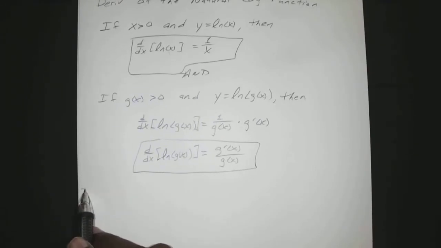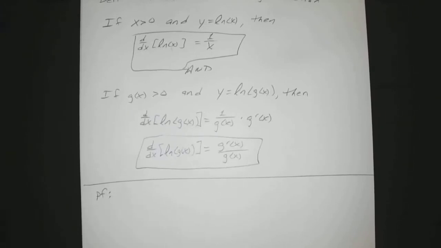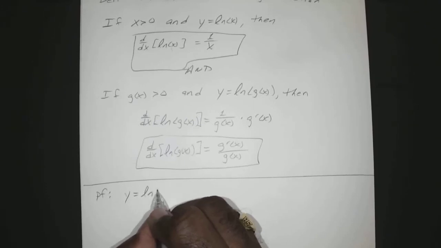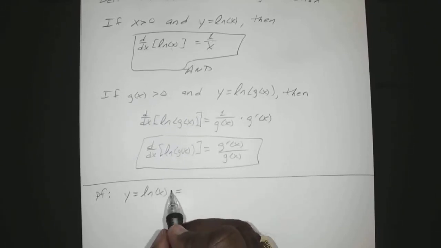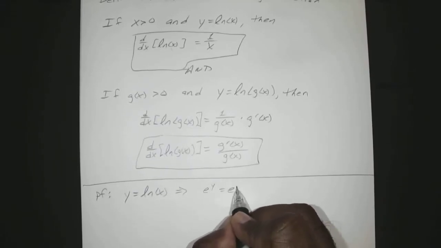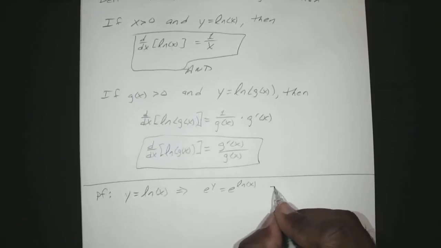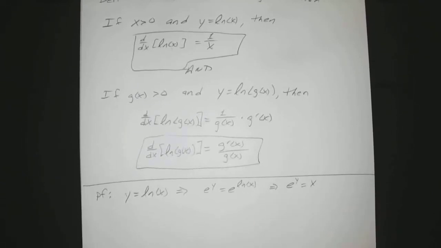All right. So we'll give a quick proof of that one. Okay, so we know that y equals natural log of x. We apply e to both sides. E to the y equals e to the natural log of x. Okay, we know that e and natural log kind of cancel each other out. We have e to the y equals x.